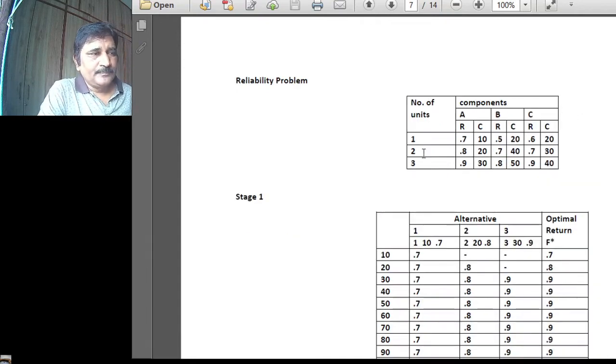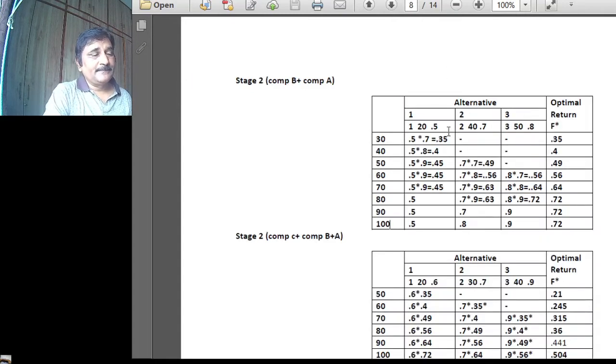When you come to component B, the minimum amount which you will need at your disposal should be 10 for one unit of component A and 20 for one unit of component B. Minimum 30 rupees is required. Then only you can devise a workable circuit, right? So your states are starting from 30, and it will continue to 100. All right, 30 to 100.